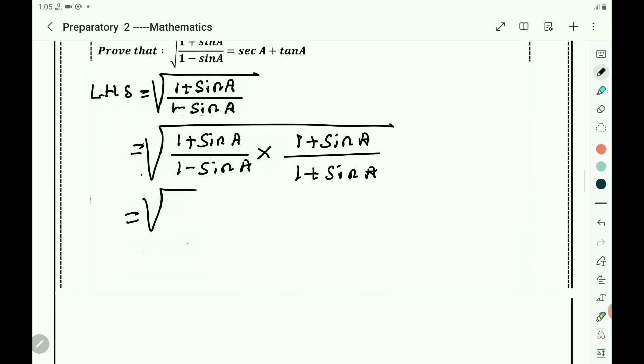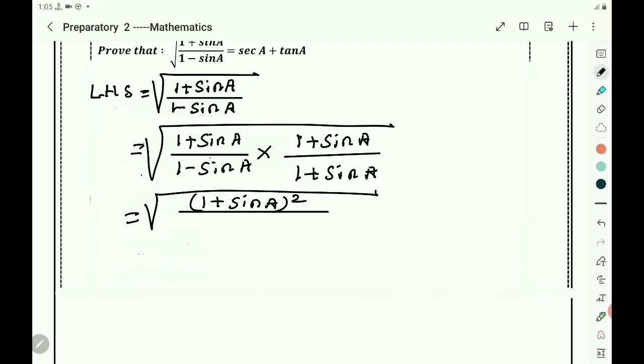Equals whole root 1 plus sin A into 1 plus sin A is 1 plus sin A whole square, by 1 minus sin A into 1 plus sin A is 1 square minus sin square.